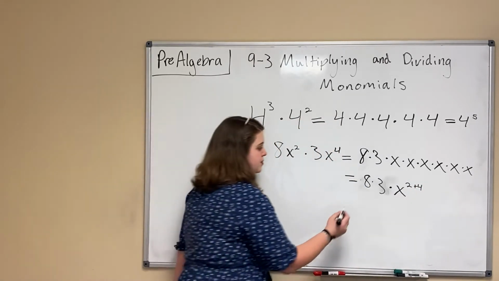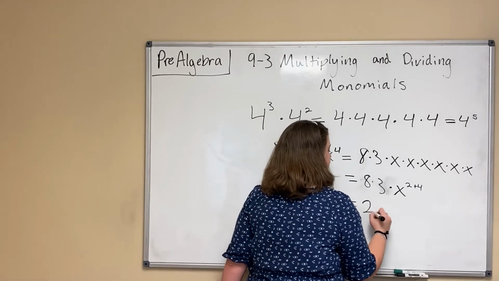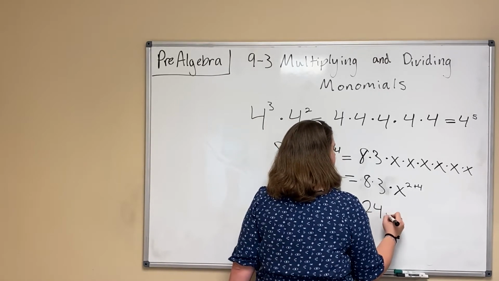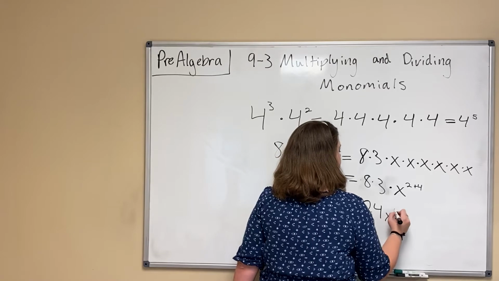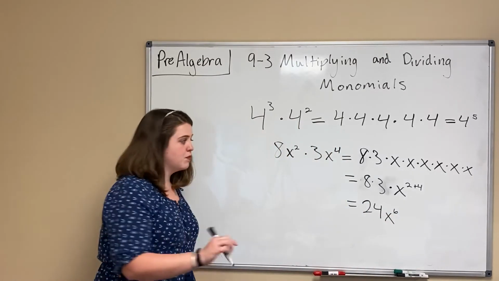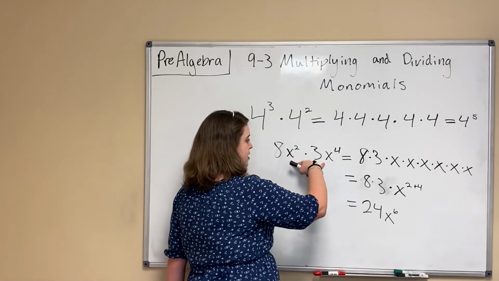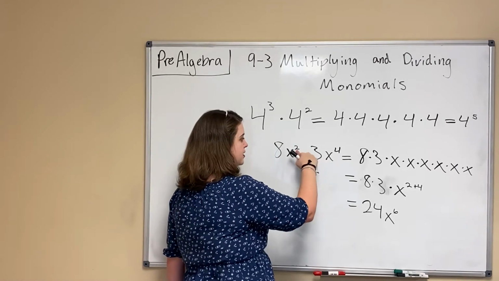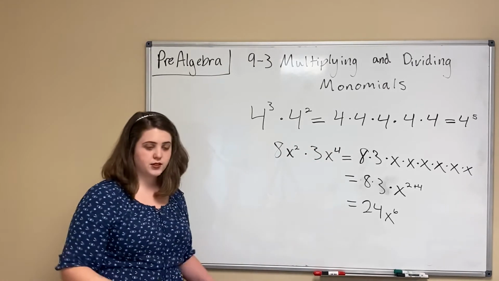And I'm going to get the same answer. 8 times 3 is still 24, x to the 6th. So anytime I'm multiplying powers with the same base, I just add their exponents.